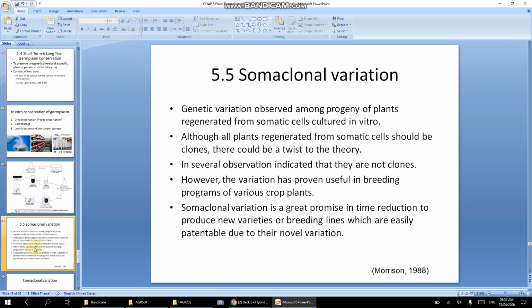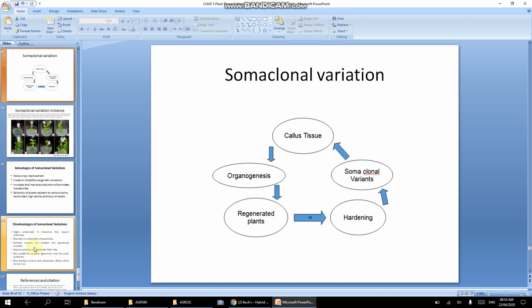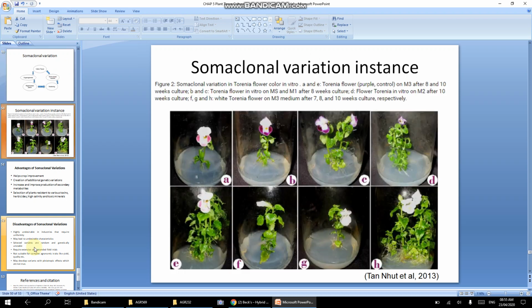This paves the way for you to produce new varieties of plants just by growing them. Somaclonal variation starts off with the callus tissue, organogenesis, regenerated plants, and then hardening, and you get the somaclonal variants. When you detect the difference, you can take the variants and grow them into callus tissue and regrow them, because you know that they have a variation in the traits.